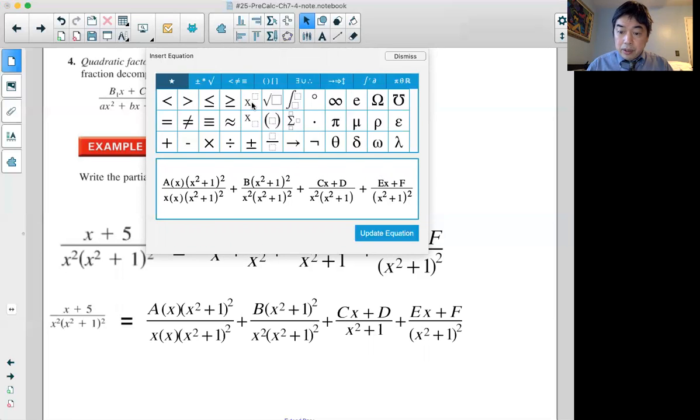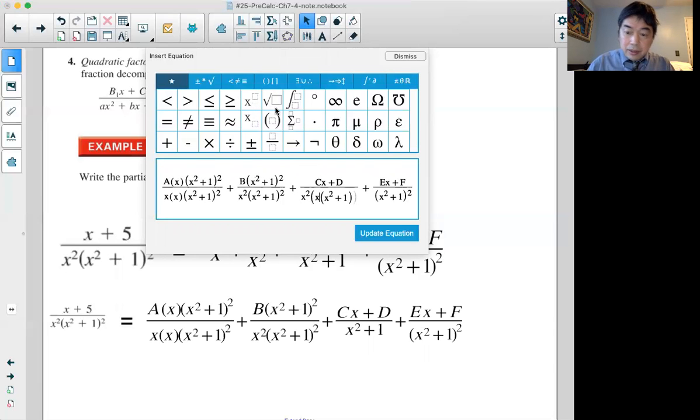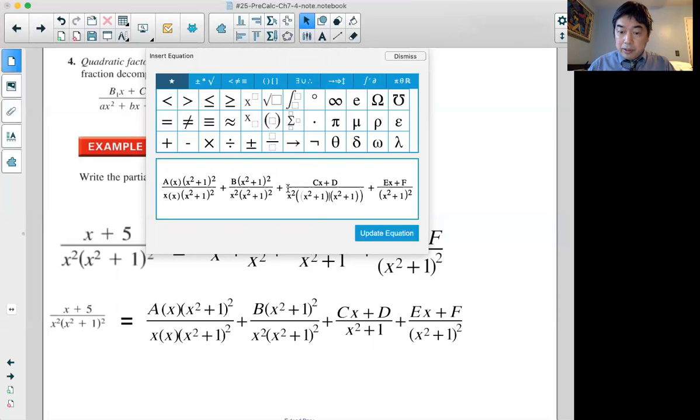X squared, and you still have to multiply exactly the same thing, so x squared plus 1, no exponents outside. If you do this, you have to do exactly the same thing on this part. So let me have a parenthesis here so it might be easy to see. I write down in this order so it might be easy for you to see as well.